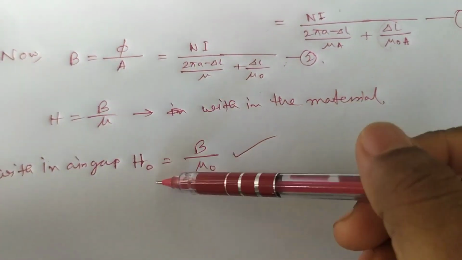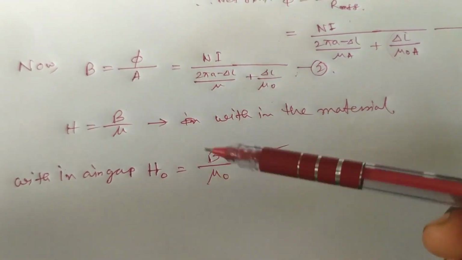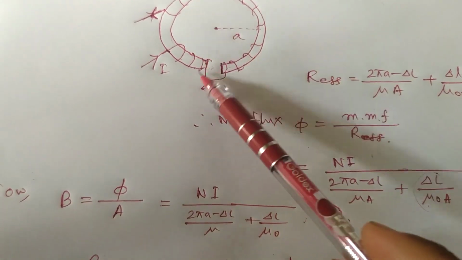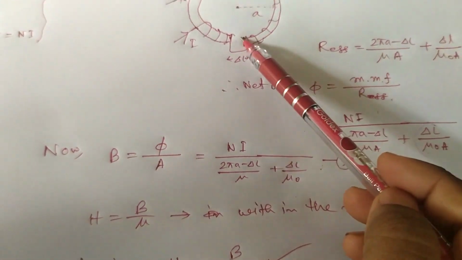So the value of H will change because mu has changed, but the value of B remains the same within the material and within the air gap.